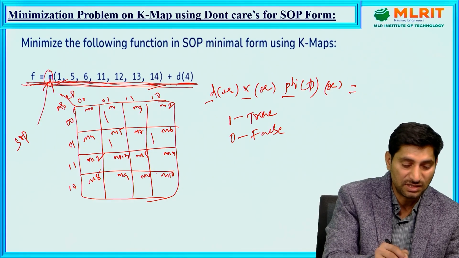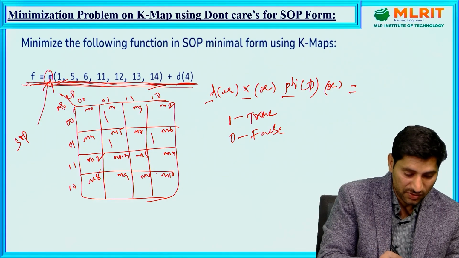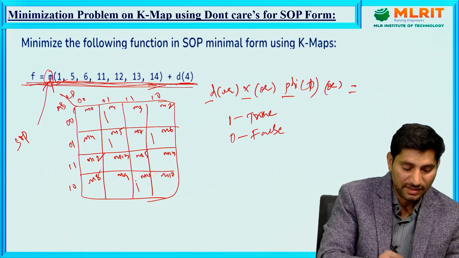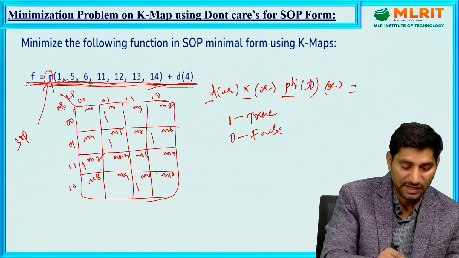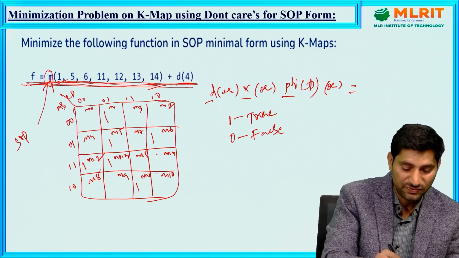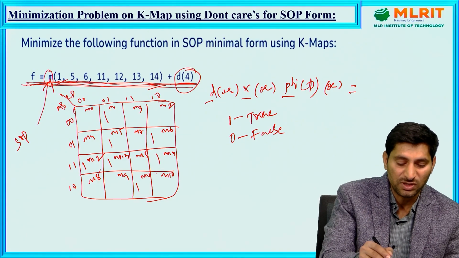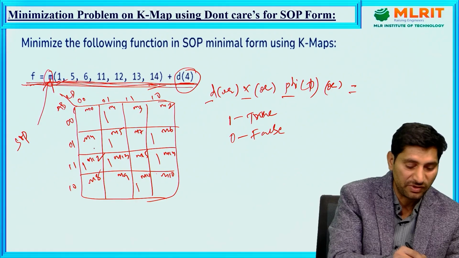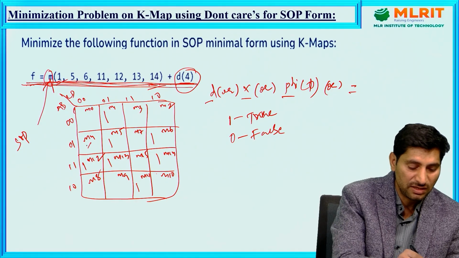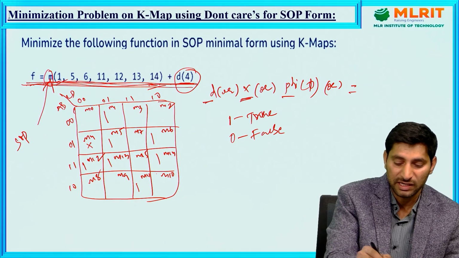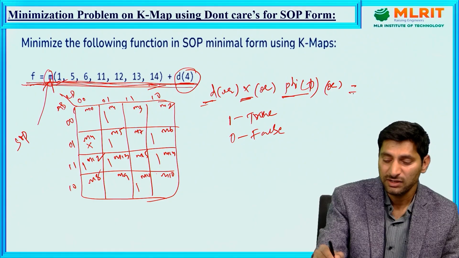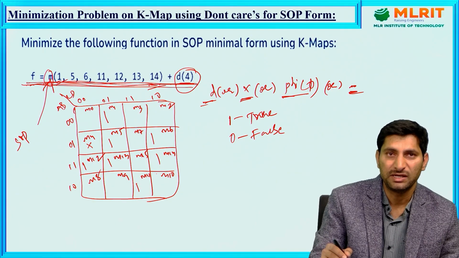Then 6th term, then 11th term, right? Then 12th term they are given, then 13th, then 14th. Along with this, some don't care term, 4th term is don't care term they are given. So we can mark this with X or D or phi or this minus we can denote.